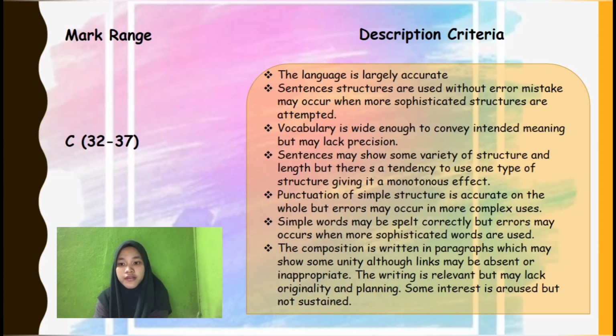Sentences may show some variety of structure and length, but there is a tendency to use one type of structure. Punctuation of simple structure is accurate, but errors may occur in more complex uses. Simple words may be spelled correctly, but errors may occur when more sophisticated words are used.